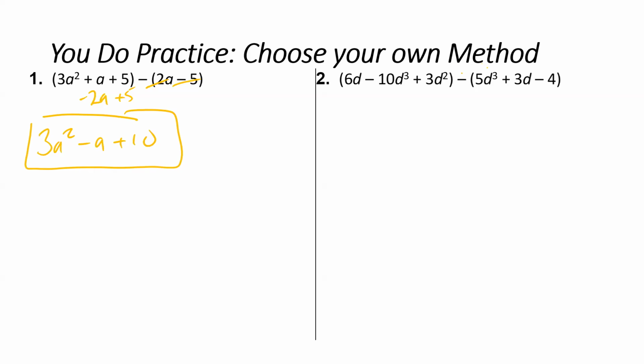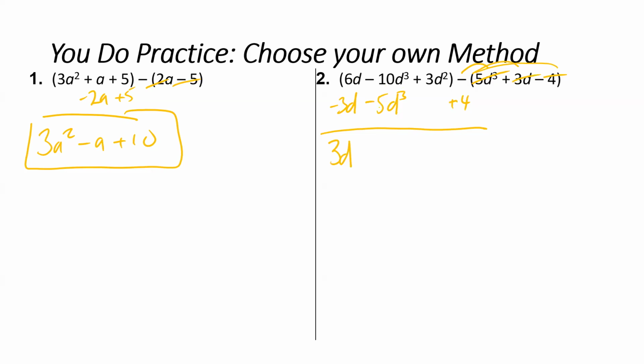Okay, again, make sure you distribute the negative. So now we have a negative 5d to the third. We have a negative 3d. And then we have a positive 4, but there's nothing for it to add to, right? So I distribute, combine. 6d minus 3d gives me 3d.